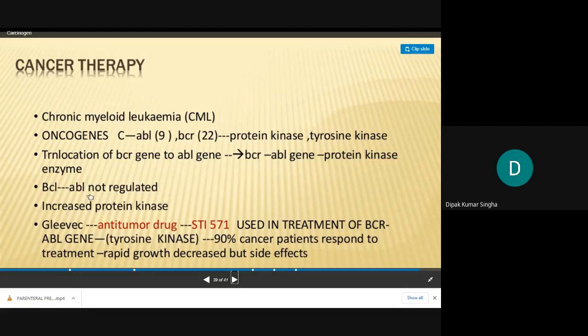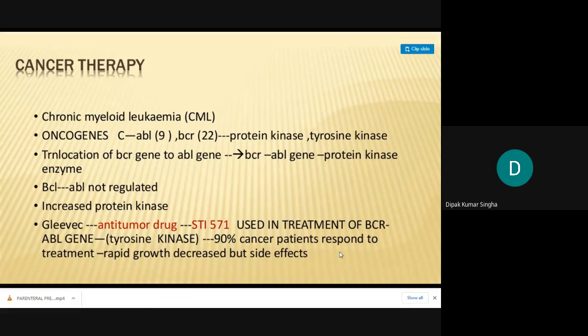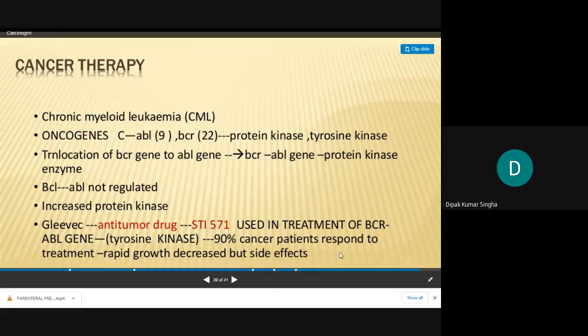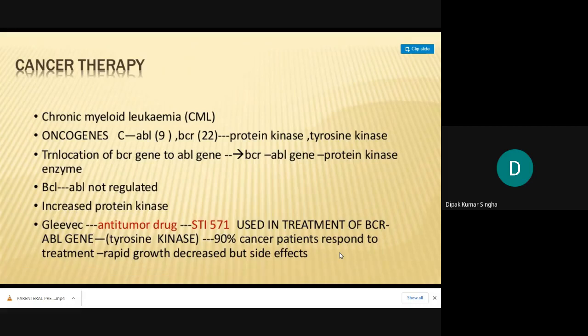BCL and BAX are not able to regulate it, and it increases the protein kinase. Ultimately, an anti-tumor drug like imatinib is used for the treatment of the BCR-ABL tyrosine kinase. 90% of cancer patients respond to the treatment and rapid growth decreases, but there are side effects. This is not a protocol treatment, you can just see it.